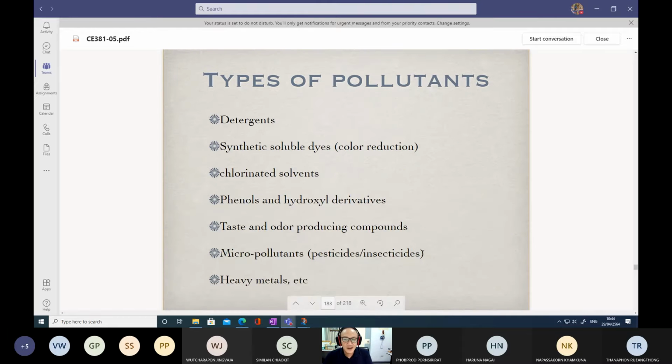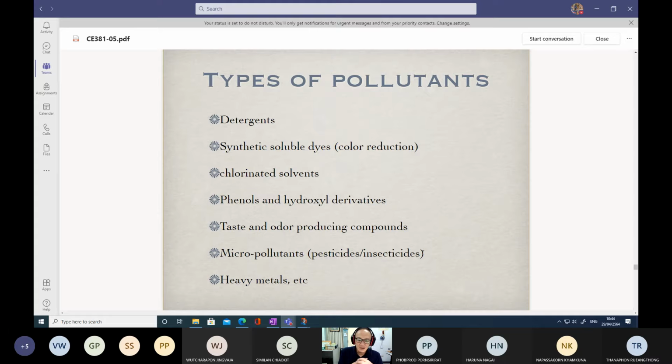These are the list of the pollutants that can be removed. The remaining detergent, the dye. Whatever the process that doesn't work with the color remover, you may have to think about adsorption. Other processes may not efficiently remove the colors, especially a true color.